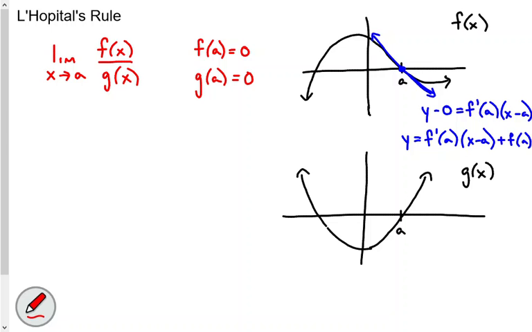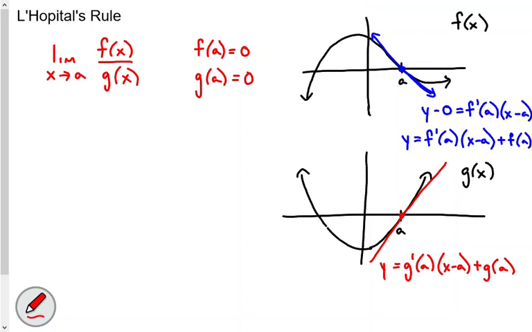Now if I make a tangent line for g at point A, then it's y equals g prime of A times x minus A plus g of A, right? Yes?